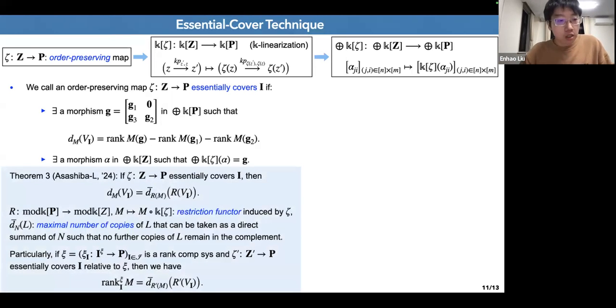Okay, and our next theorem says, if zeta essentially covers I, then you compute the interval multiplicity over P, and you compute the interval multiplicity over Z, where R is a restriction functor from mod Kp to mod Kz, and they coincide. So if we take Z as some smaller or more essential poset of P, or it can be totally different, independent of P, when we compute both interval multiplicities, they should coincide.